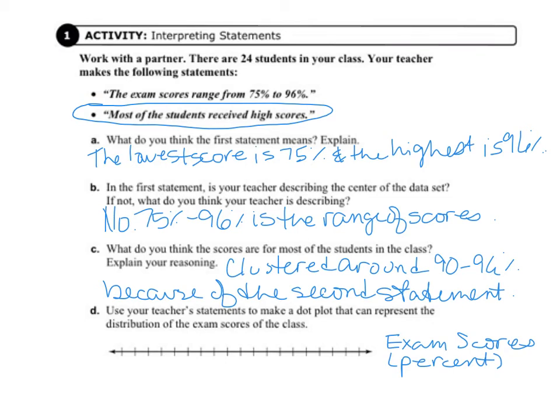So since there are 24 students in the class, you need to have 24 dots on your dot plot, and they should be clustered around 90 to 96%. The lowest should be 75, and the highest should be 96.